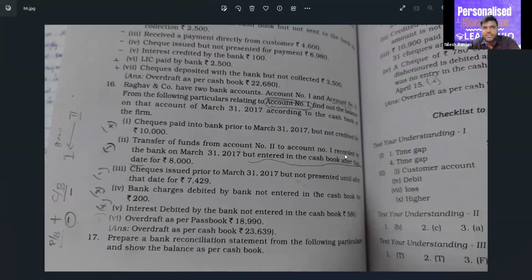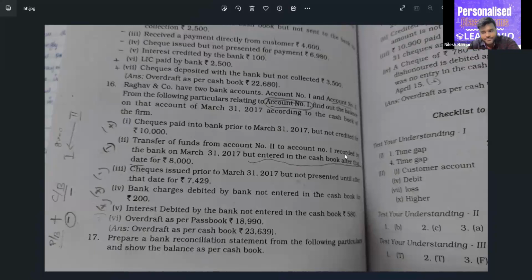I told you in the beginning that generally the bank does not enter incorrect details in the passbook. So the only book left with incorrect entries is the cash book, because there is no incorrect entry in the passbook. So there can be an incorrect entry in the cash book only. Now, if we are doing incorrect entries in the cash book, then it will impact our cash book balance.